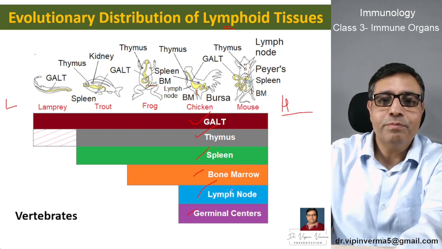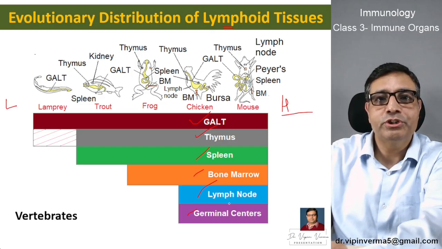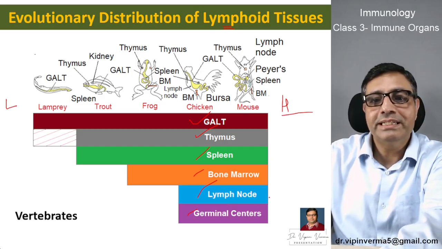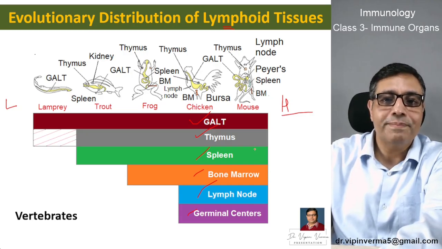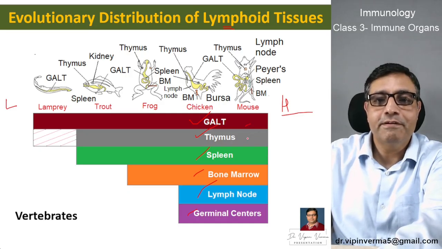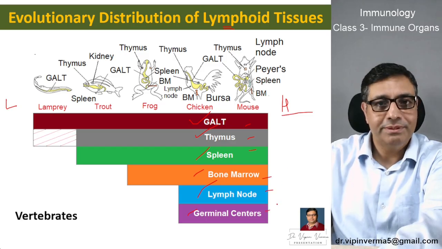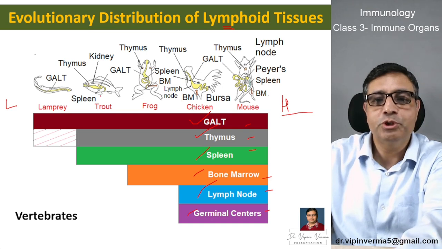But thymus, spleen, bone marrow, lymph node and germinal centers come up slowly, developed through various processes of evolution, and we have basically specialized them. So vertebrates are getting more and more complex in terms of the immune system, starting with GALT, then developing thymus and spleen, and then bone marrow, lymph node and germinal centers. That's the evolutionary distribution of lymphoid tissue among the vertebrates.